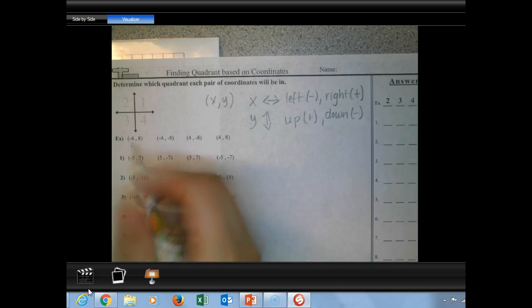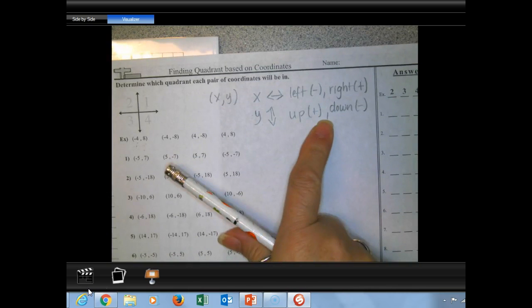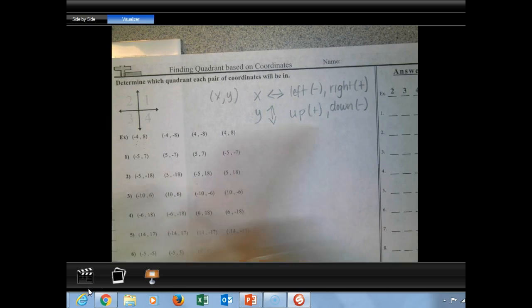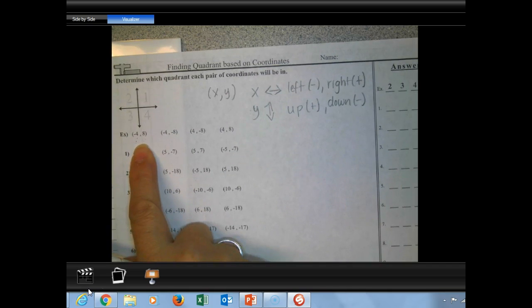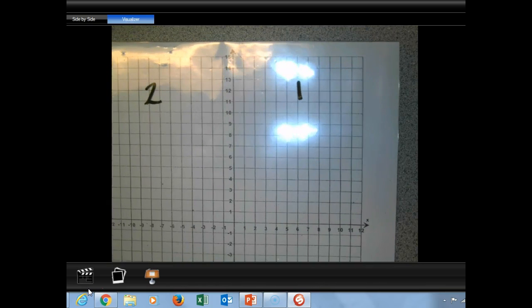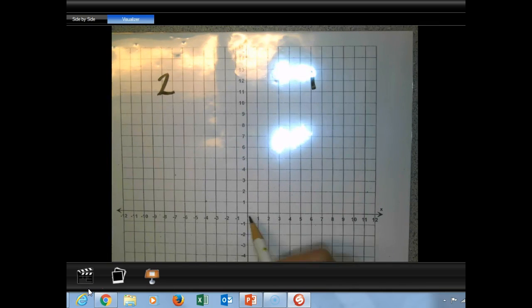All right, let's go back to where we were. Remember, this is really good information. This is what's going to make your graphing strong. So the numbers are -4 and +8. I know that I'm going to start from the point of origin whenever I graph.